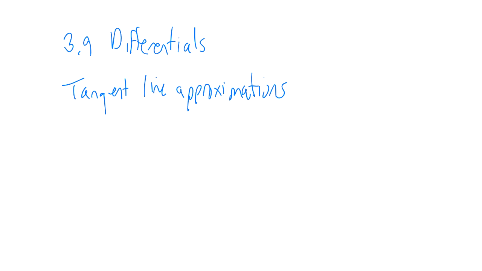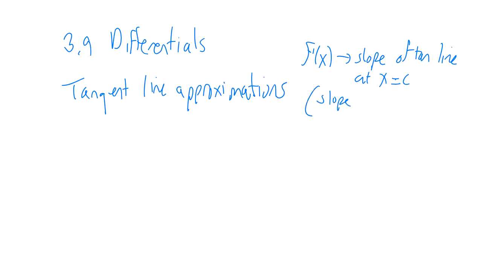Don't forget that the derivative f prime of x gives us the slope of the tangent line at a value of x, let's say x equals c. That also gives us the slope of the curve at that exact point too.